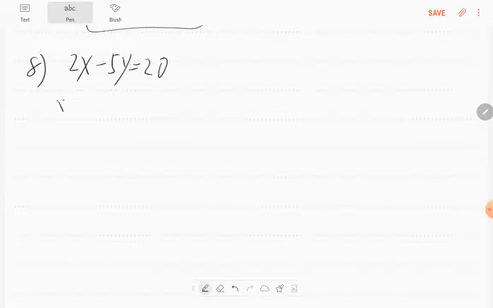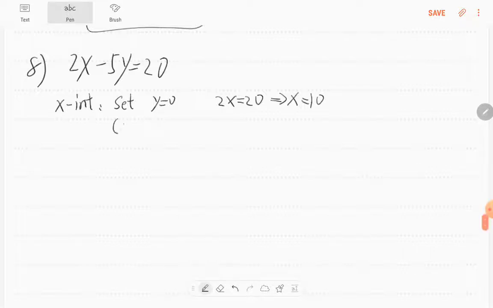We can find the x-intercept, which is we set y equals 0. So you have 2x equals 20, right? So x equals 10. So 10, 0 is the x-intercept.